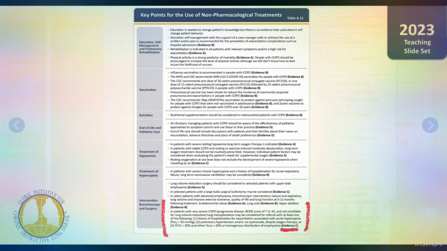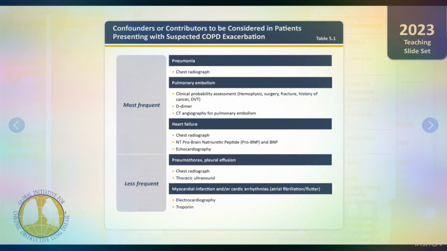After that comes confounders of or contributors to be considered in patients presenting with suspected COPD. They are telling what are the most frequent and what are the less frequent things. Most frequent things are pneumonia, for which we should do chest X-ray. Second thing is pulmonary embolism. For that we should do clinical probability assessment by checking hemoptysis, surgery, fracture, history of cancer, DVT.